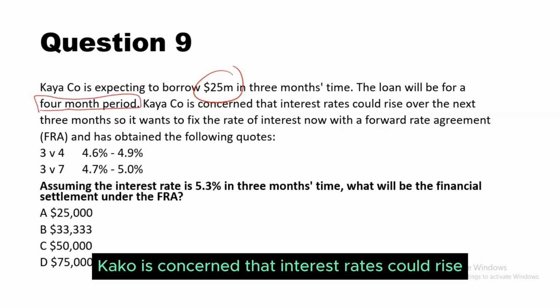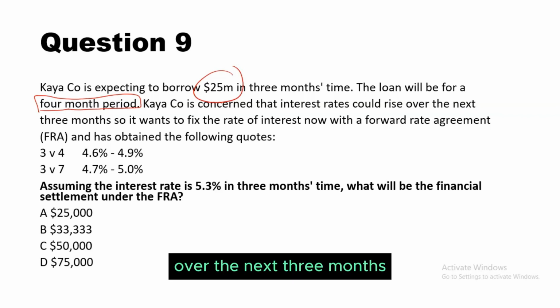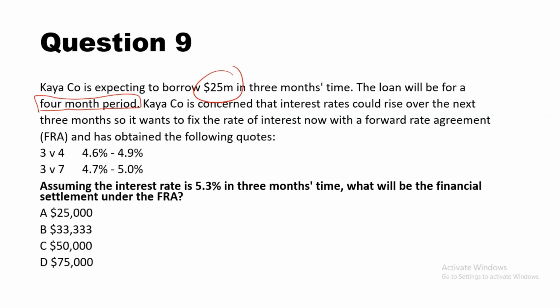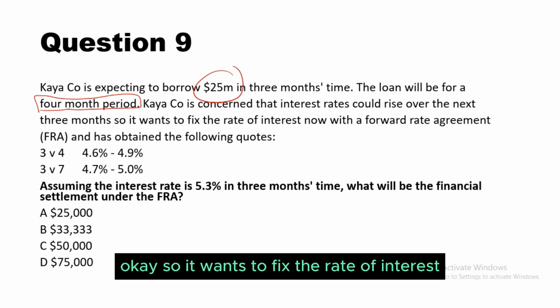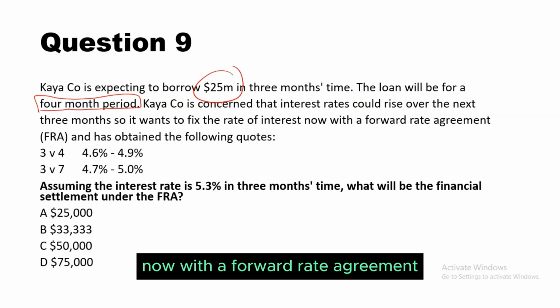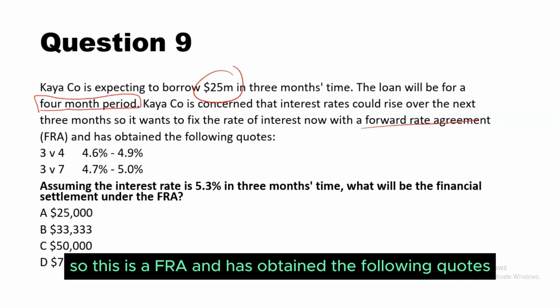Kayako is concerned that interest rates could rise over the next 3 months. Okay, so it wants to fix the rate of interest now with a forward rate agreement. So this is a FRA and has obtained the following quotes.